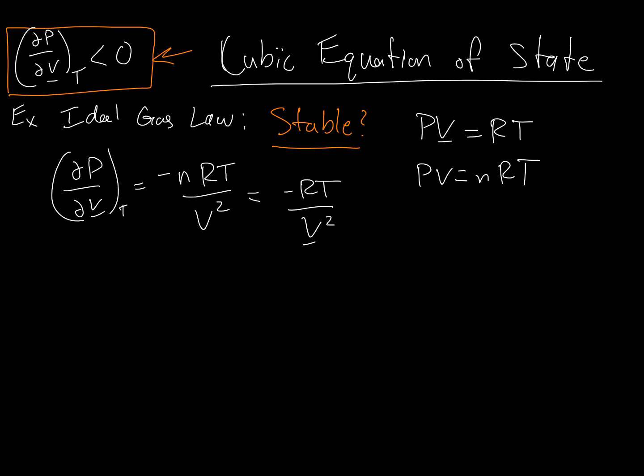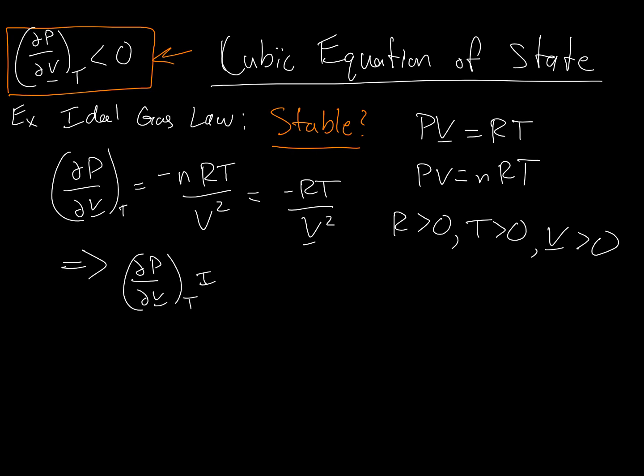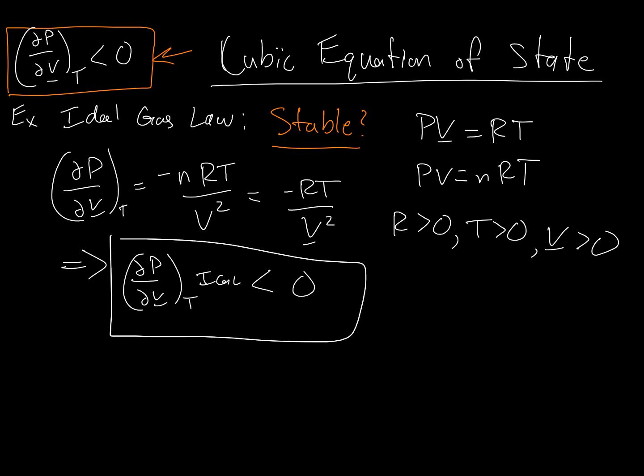The conclusion is the same. So R has to be greater than 0, T greater than 0, V greater than 0. Therefore, dP dV at constant T for the ideal gas law is always less than 0. So it's stable. It's very good.